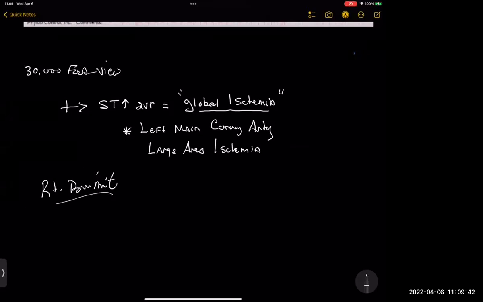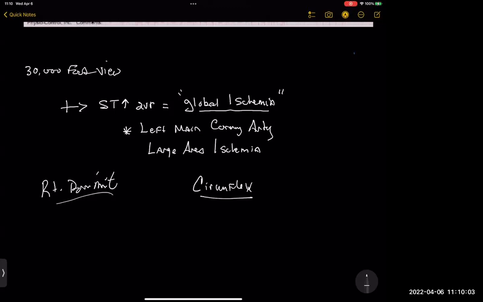So highly right dominant circulation can change the typical pattern of injury that we see. In addition to that, you can have a substantial problem due to the circumflex artery.